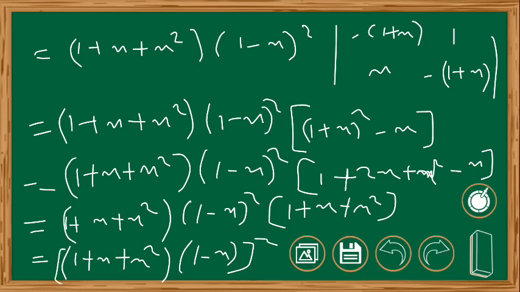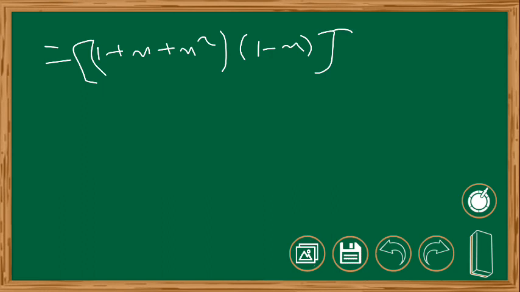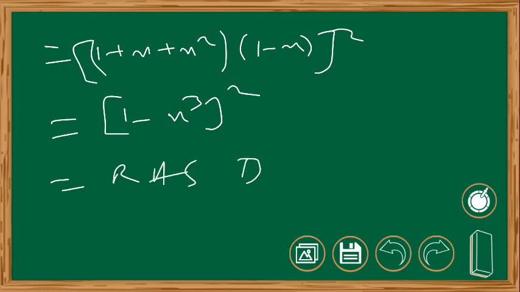You can see easily this is nothing but the 1 minus x cube formula. In the next page I will write it as 1 plus x square whole into 1 minus x whole square, hence it will be equal to 1 minus x cube and its whole square. This is equal to RHS and the result is proved.